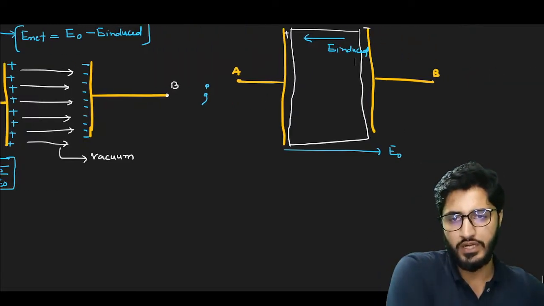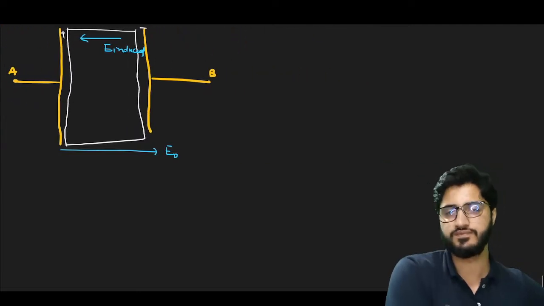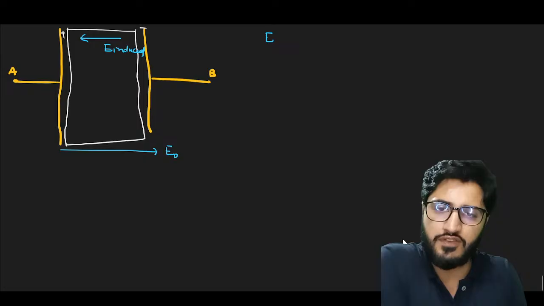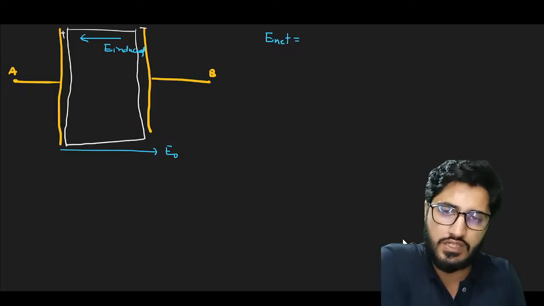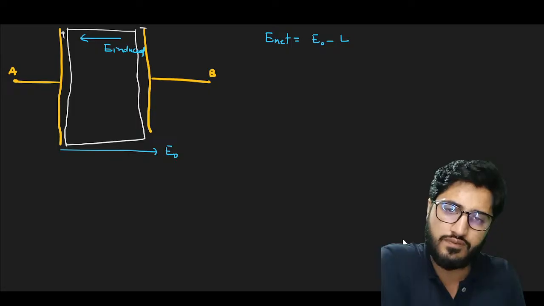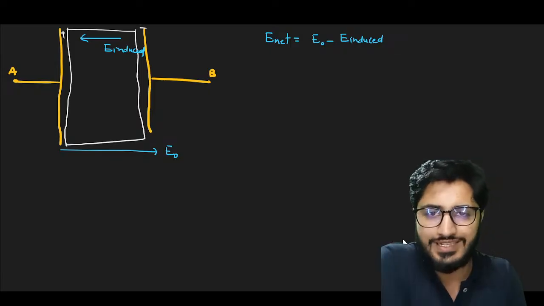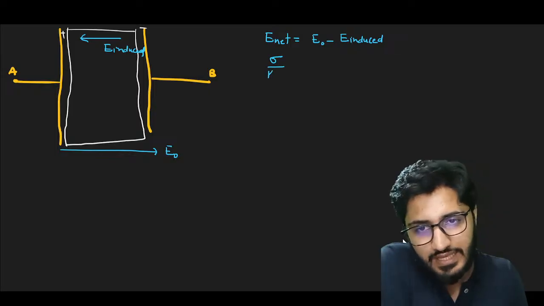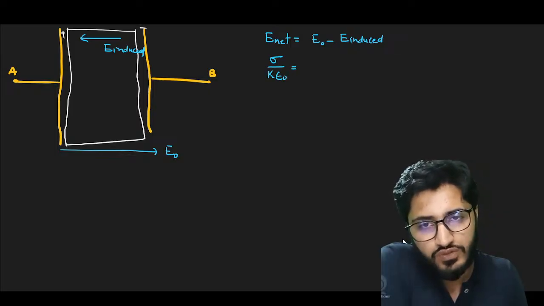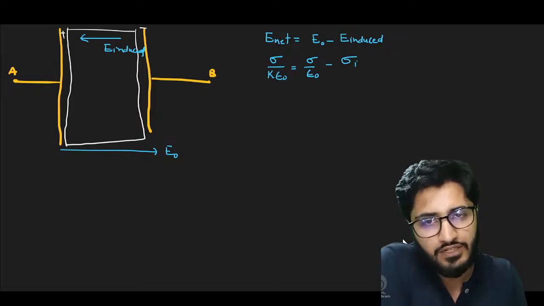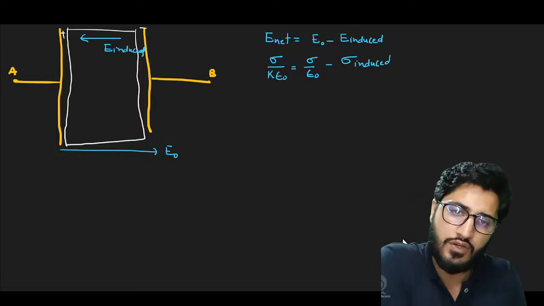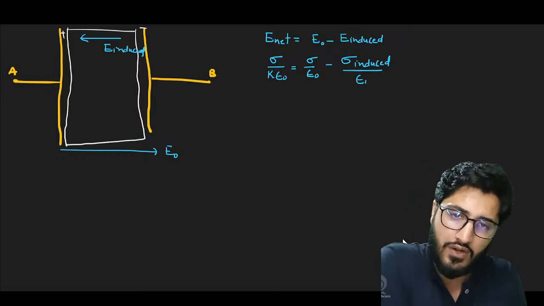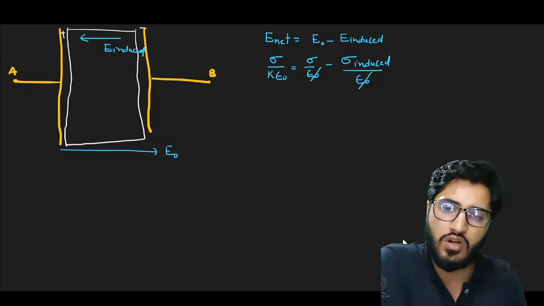So what is E net from this equation? E net is E naught minus E induced. E net is sigma divided by K times epsilon naught, equal to sigma divided by epsilon naught minus sigma induced divided by epsilon naught. Epsilon naught cancels out.